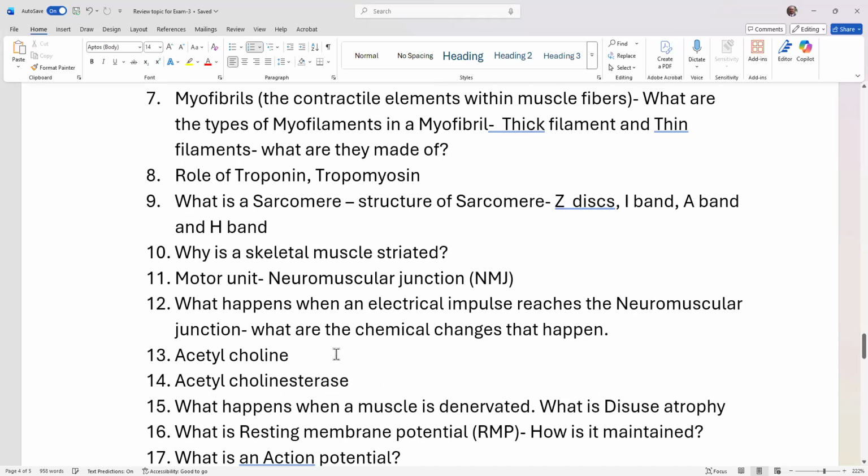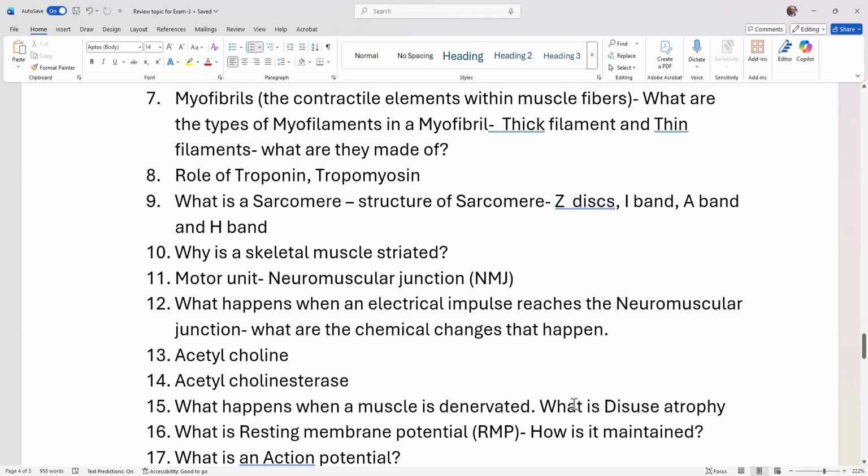You know that there are vesicles containing neurotransmitter, so you should know what the neurotransmitters are. Acetylcholine is one of the transmitters. And then there is acetylcholinesterase, an enzyme which removes it. Once the job is done, these neurotransmitters will be removed.